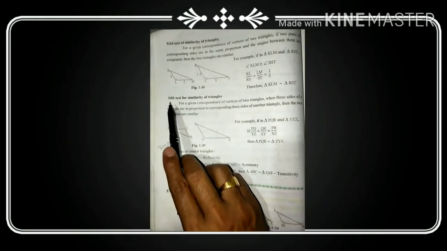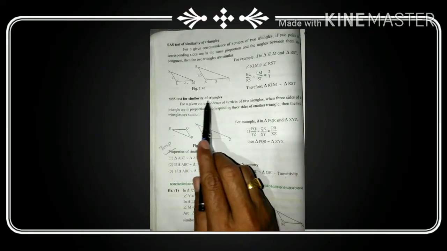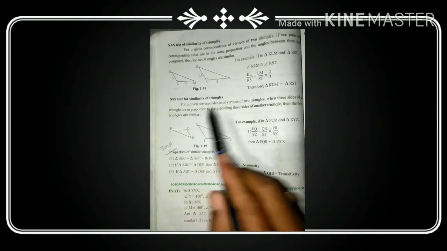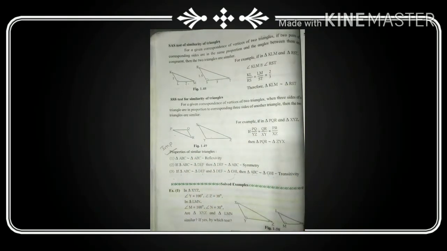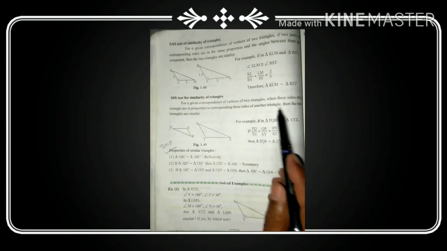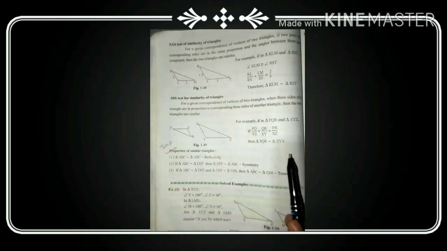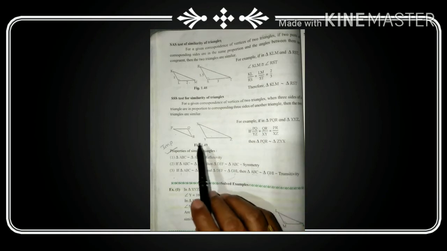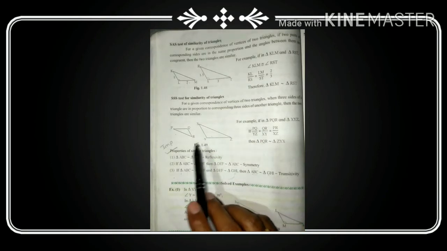Another test is the SSS test for the similarity of triangles. Here, for the given corresponding vertices of the two triangles, when three sides of one triangle are in proportion to the corresponding three sides of another triangle, then the two triangles are similar. Here triangle PQR and triangle XYZ are given.